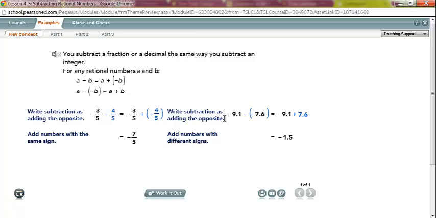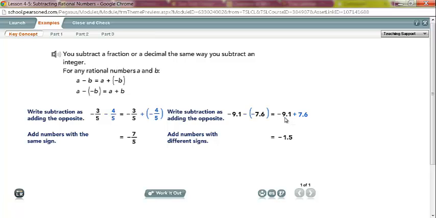Now, if we're looking at decimals, we still have negative 9 1/10 minus a negative 7 6/10. Remember, I have a double negative. That becomes, that's right, a positive. So negative 9.1 plus 7.6. Which one is going to have the greater absolute value? 9.1 or 7.6?